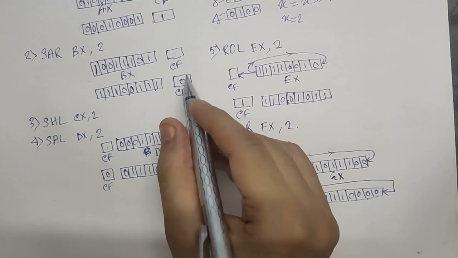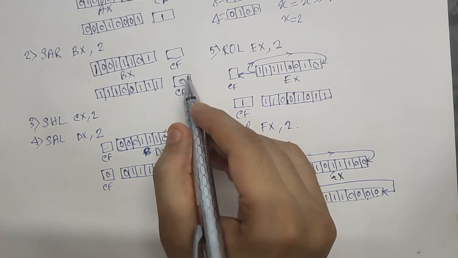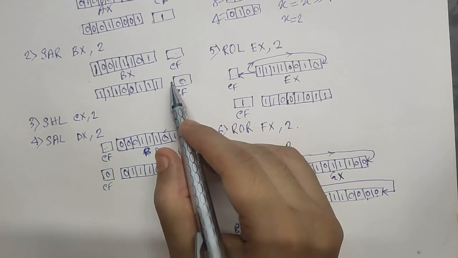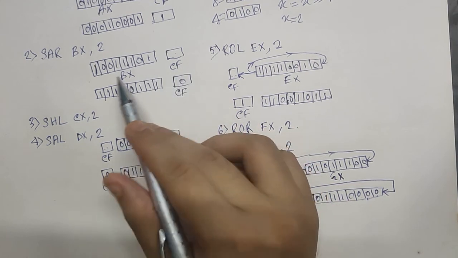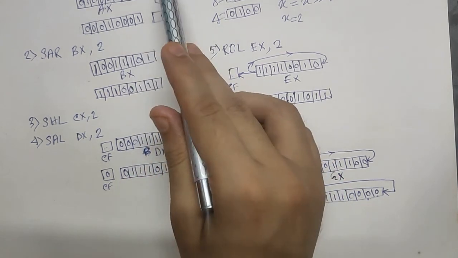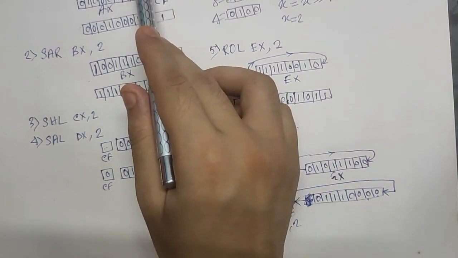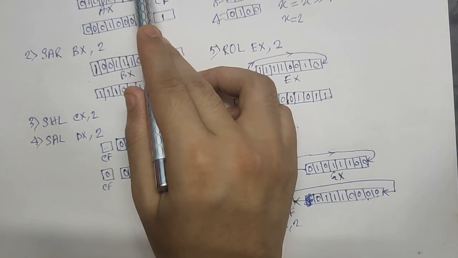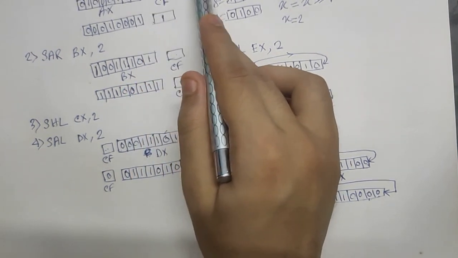And there is also one difference in why we do not need to perform this sign extension. Earlier I told you that the shift operation has some mathematical foundation, and the rotate operation does not have any mathematical foundation.